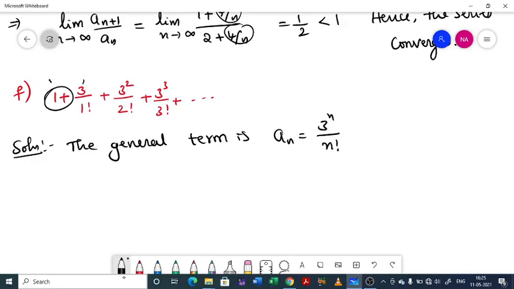In fact, this first term also follows this rule if you take n equal to 0. But generally for a sequence we count n from 1 to infinity only. We don't usually take n equal to 0, so we can neglect this term. So a_n equal to 3 power n by n factorial.